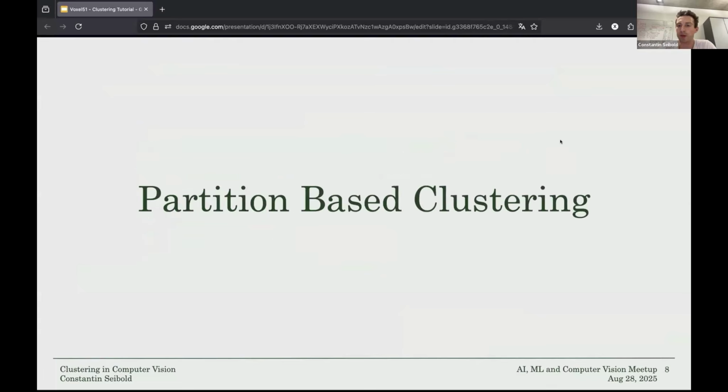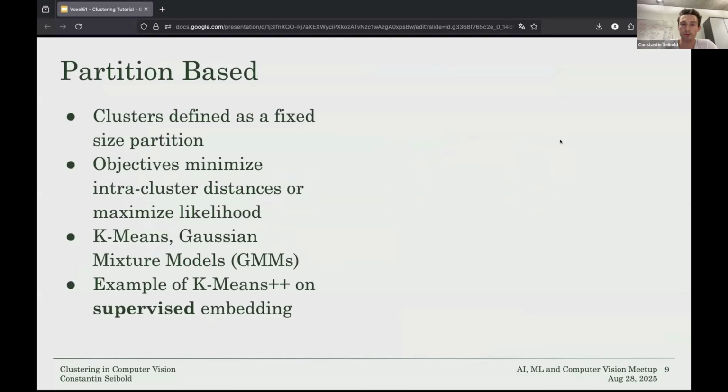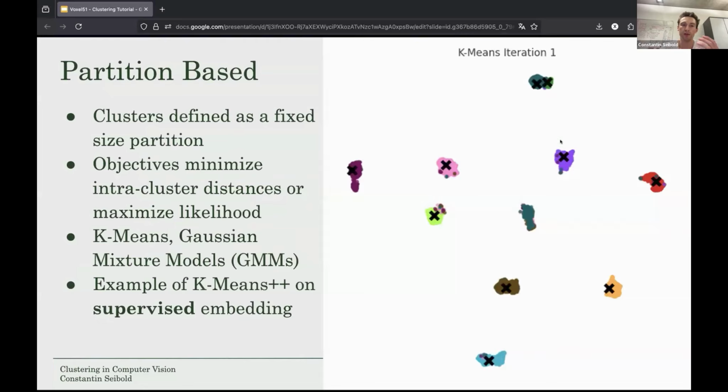We begin with partition-based clustering, which is basically the clustering category that most of us might have already worked with. Here you define clusters as a fixed size partition, and you basically try to minimize intracluster distances with an expectation maximization algorithm or maximize likelihoods in model-based approaches.